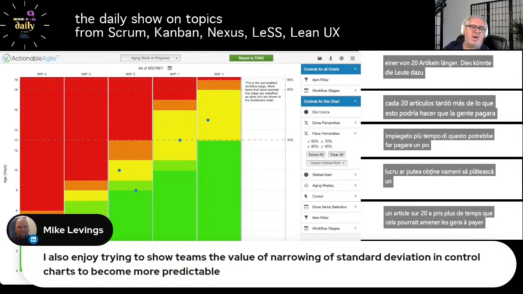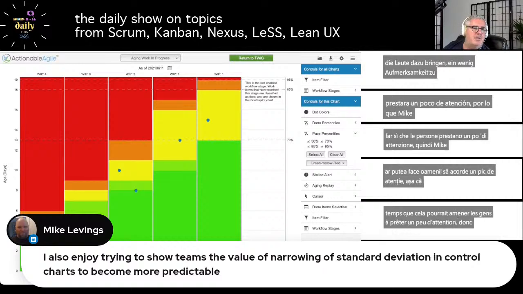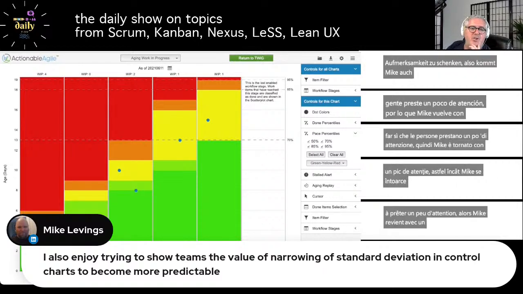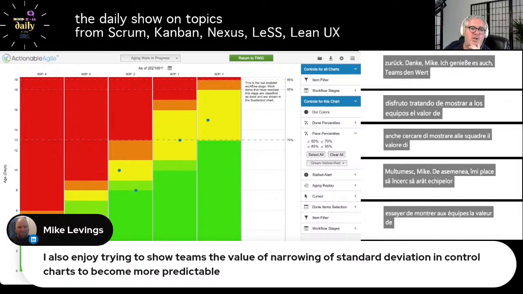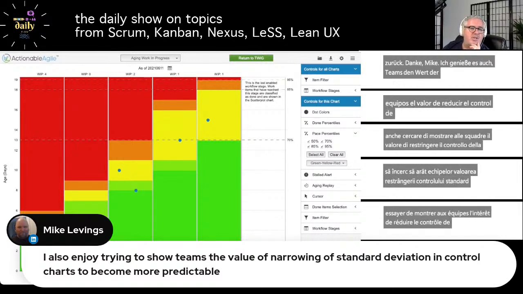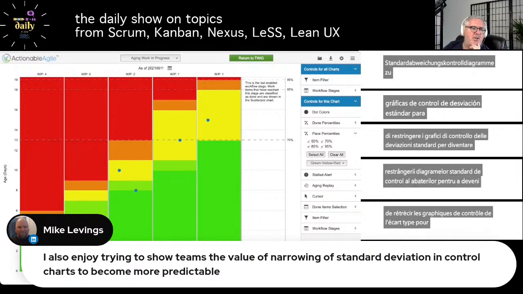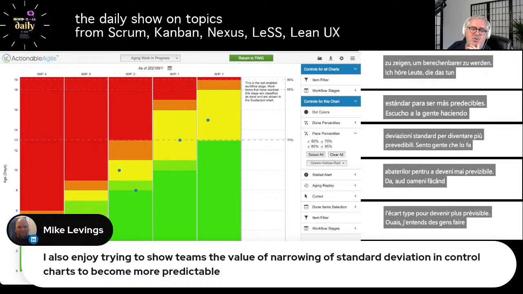So Mike has come back with a comment here as well. Thank you, Mike. I also enjoy trying to show teams the value of narrowing the standard deviation on control charts to become more predictable. Yeah, I hear people doing that, Mike. I don't really use control charts much myself, if I'm honest.